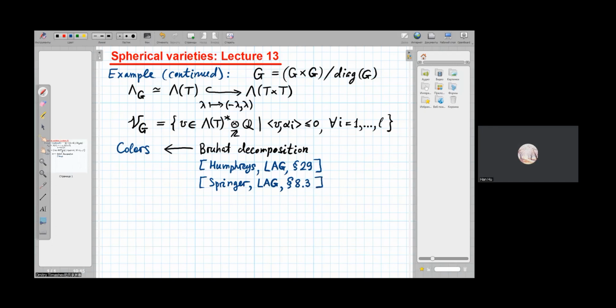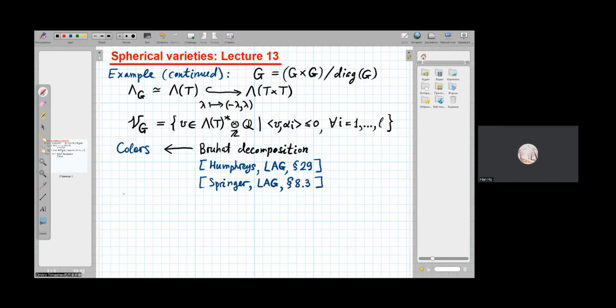Actually, we don't need the Bruhat decomposition in full generality. We only need the description of prime divisors in the complement of the big cell, that are exactly the colors in our situation. And the description is as follows.